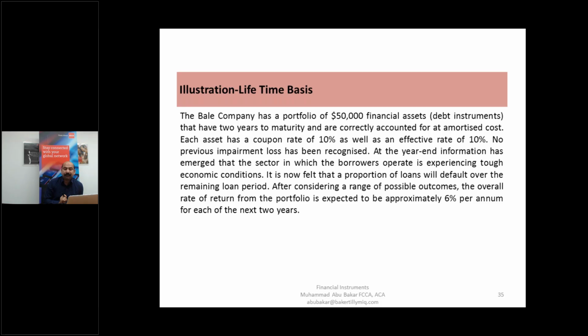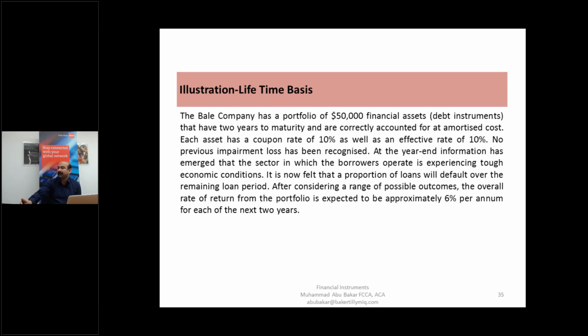At the year-end, information has emerged that the sector in which the borrowers operate is experiencing tough economic conditions. It is now felt that a proportion of loans will default over the remaining loan period. After considering a range of possible outcomes, the overall rate of return from the portfolio is expected to be approximately 6% per annum for each of the next 2 years. Calculate the expected credit losses on the lifetime basis.